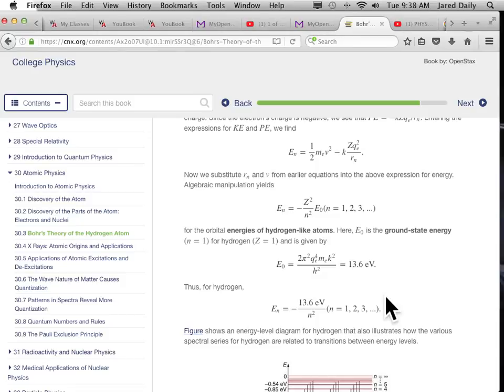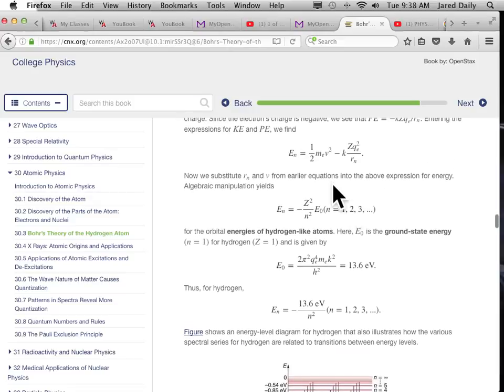Right here. Z squared. Z squared over n squared times. So this here would be the energy of the electron in whatever level.